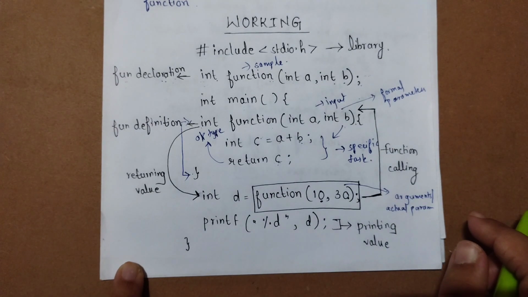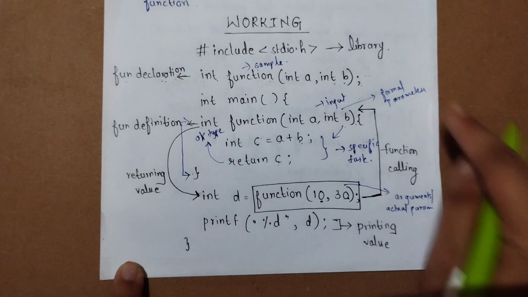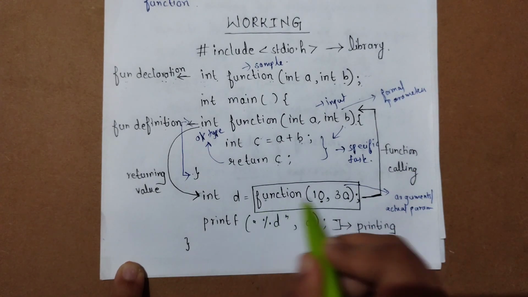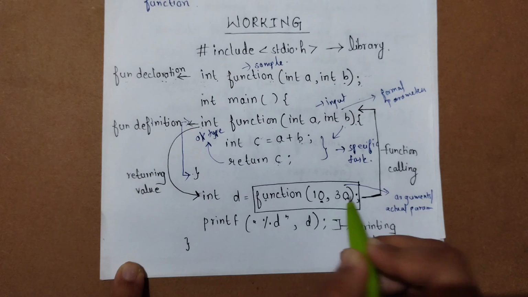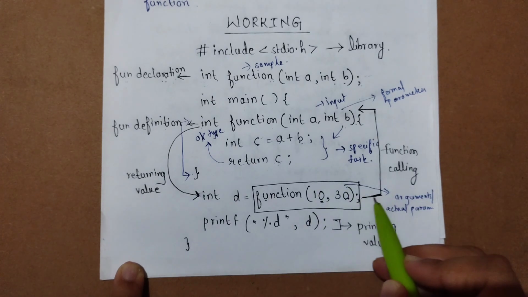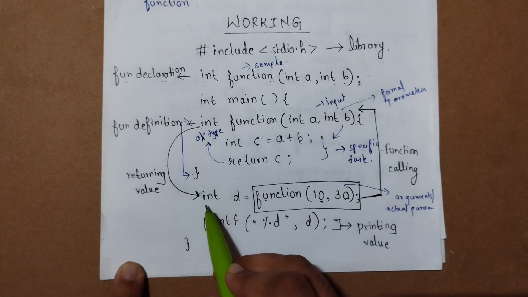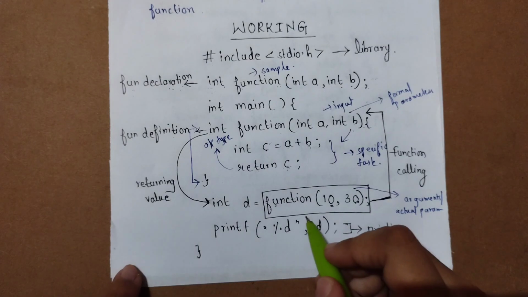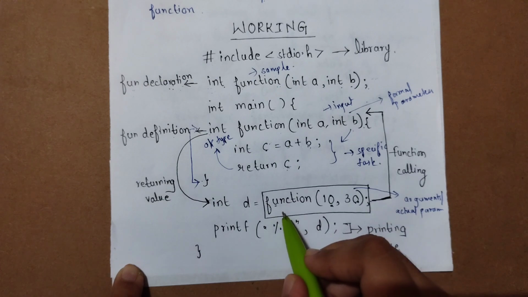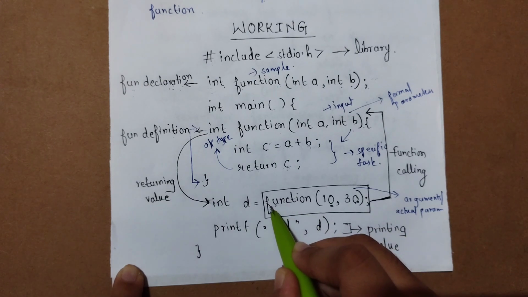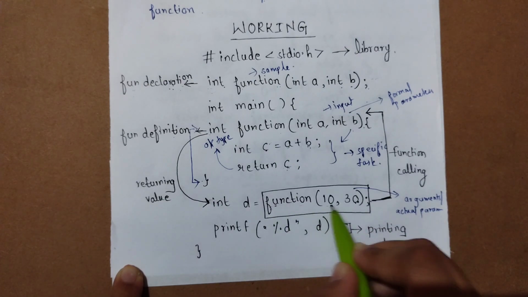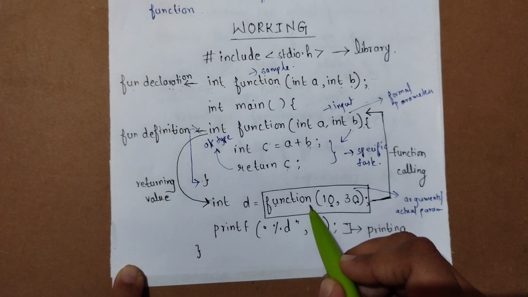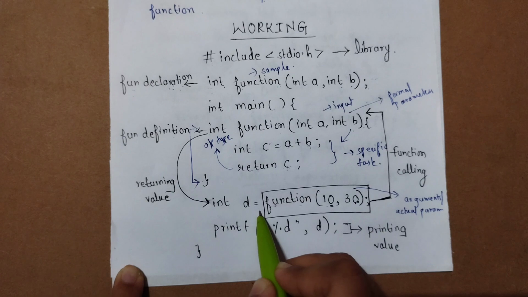I'll be explaining in one video what is actual parameter, what is formal parameter as well. So when we write function(10, 30), this is called function call. When the compiler finds this statement, it will understand that there is a function call.